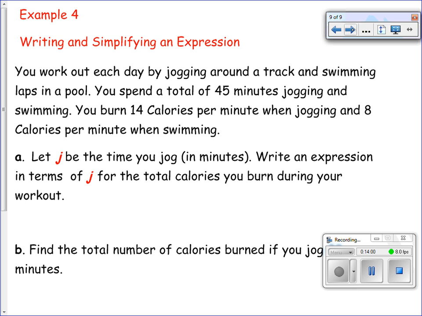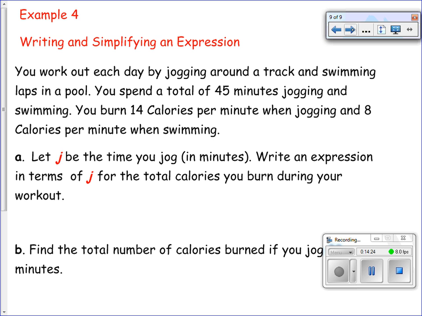You burn 14 calories per minute when jogging, 8 calories per minute when swimming. So you know in this equation, how long are you working out for? 45 minutes. How many calories do you burn when you jog? 14. How many calories do you burn when you swim? 8. So that's the information that we know.